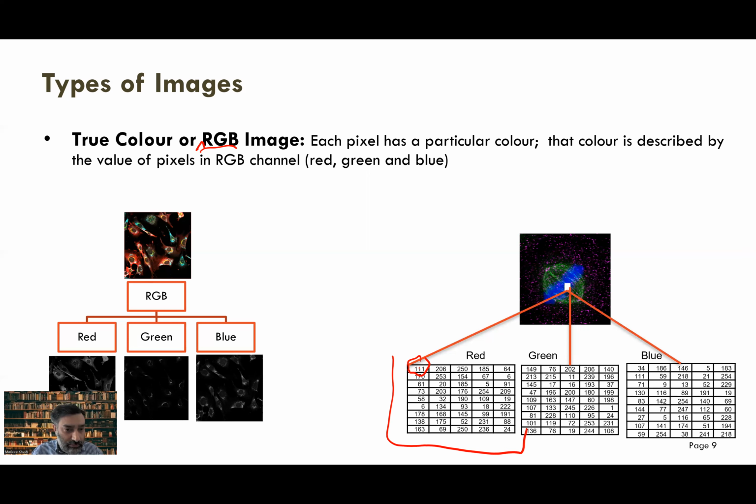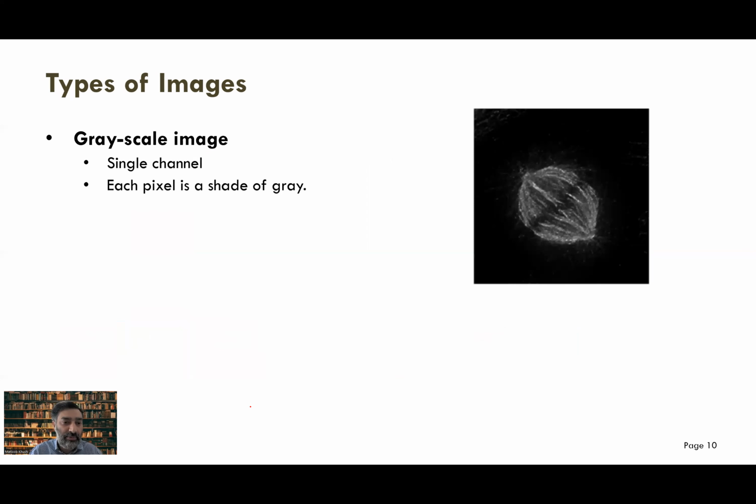Any questions so far? So in research, you might be given only 1 channel. You might receive just a grayscale image, and that's fine, right? So you don't always get RGB images, but normally whenever we're doing image processing, most of the time we get an RGB image.